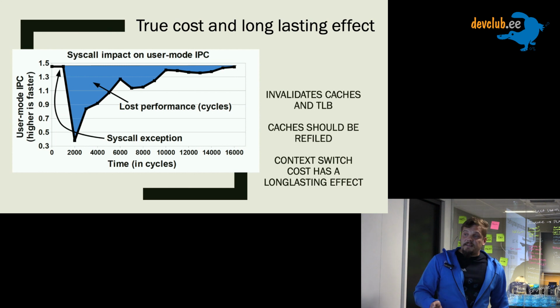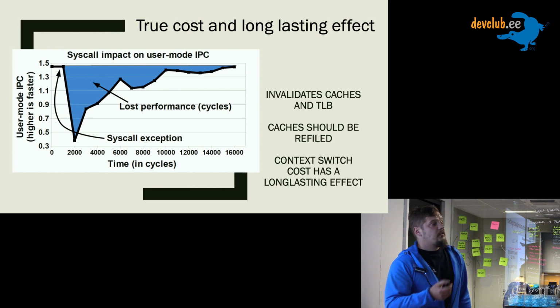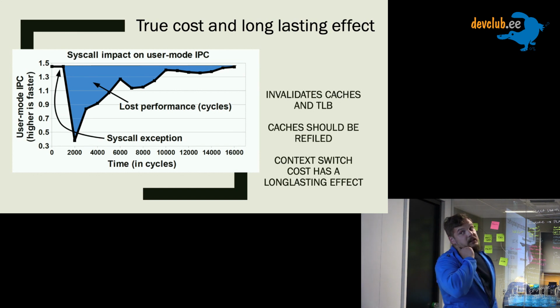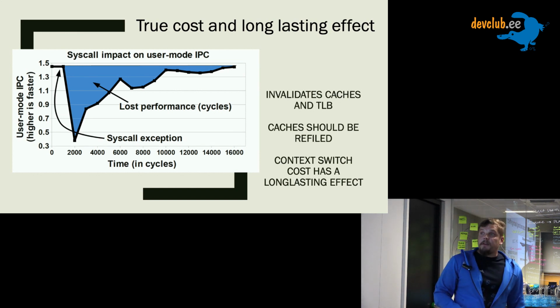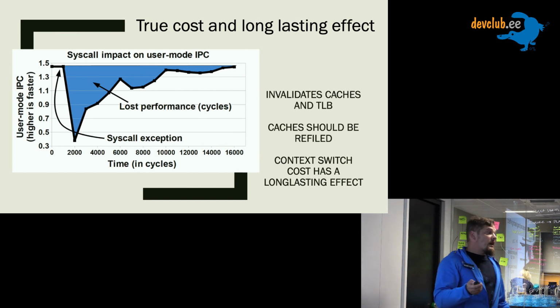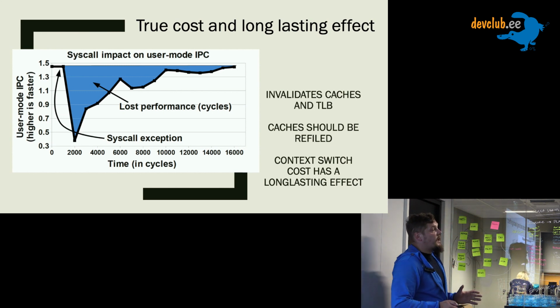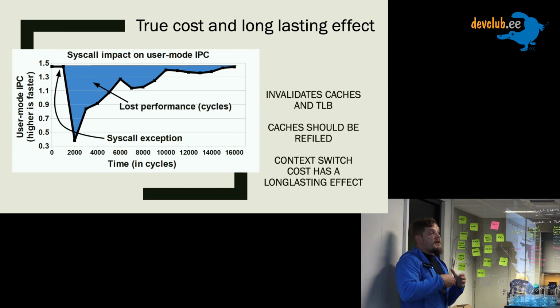And as you can see, the true cost of a context switch and syscall has a long-lasting effect. And if you have a lot of context switches, you usually have degrading performance in an exponential way.